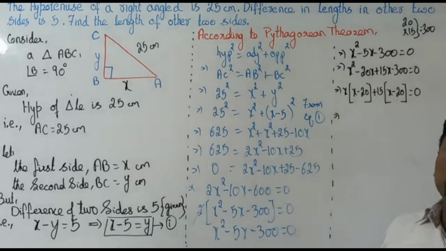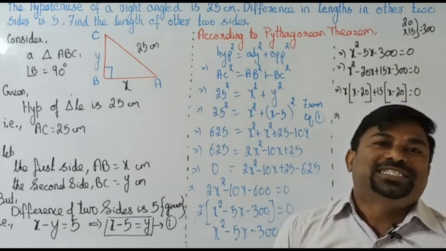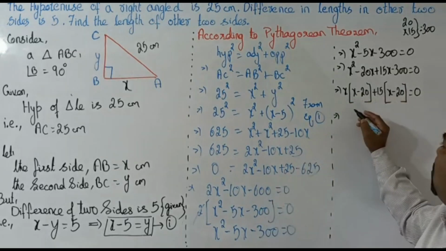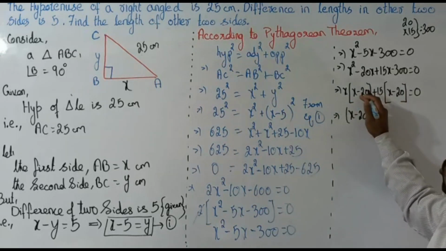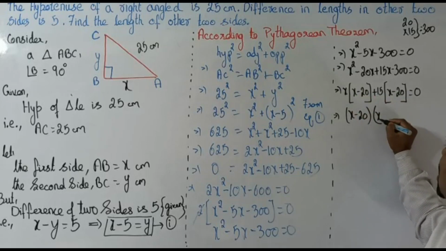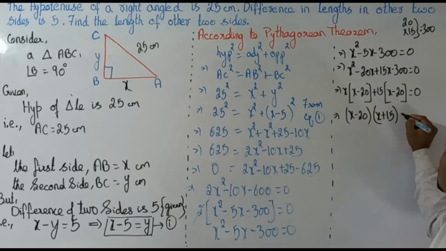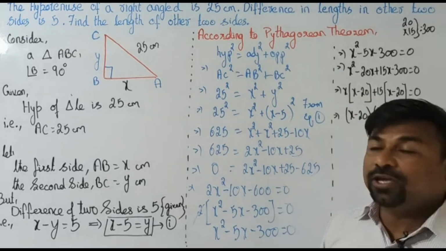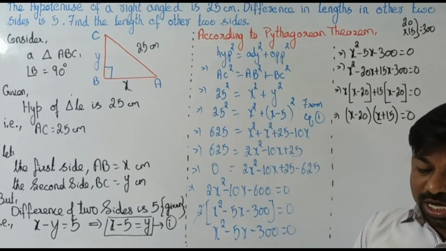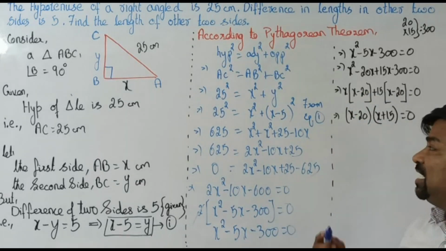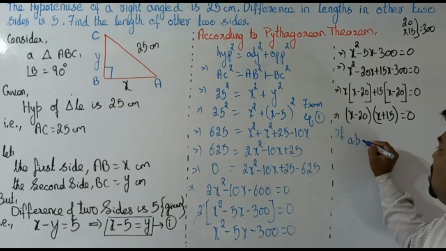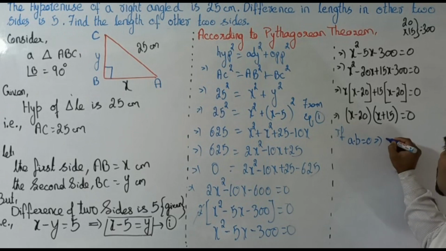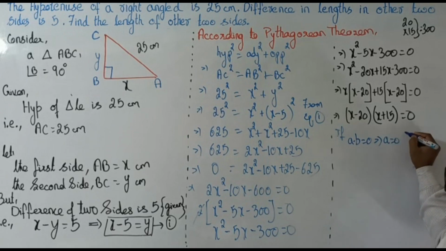Now, by taking x minus 20 common in both the terms, here it is x minus 20 times x plus 15 equals 0. We know that if A times B equals 0, then A is equal to 0 or B is equal to 0.